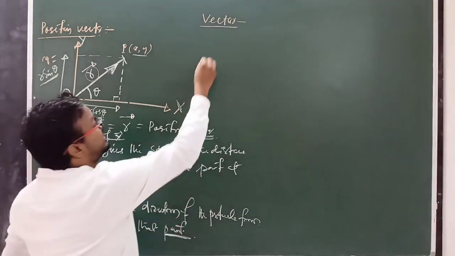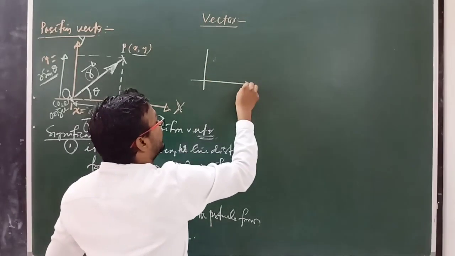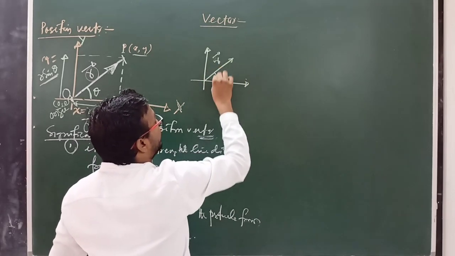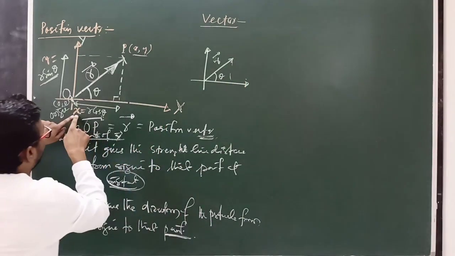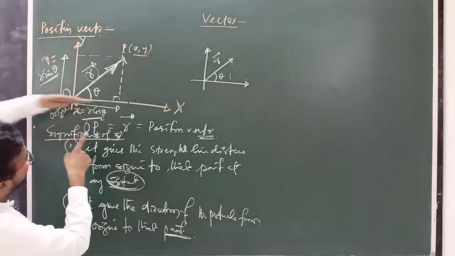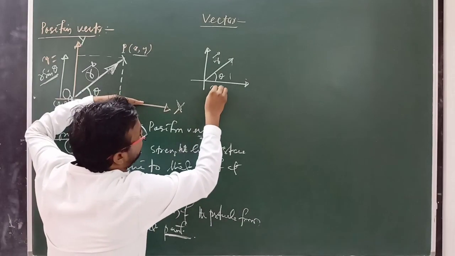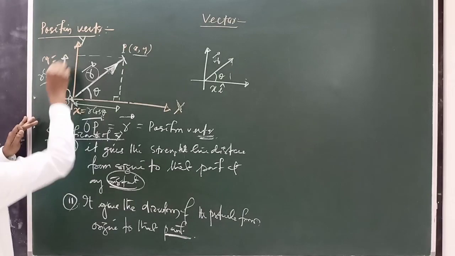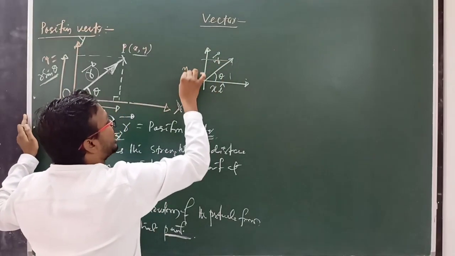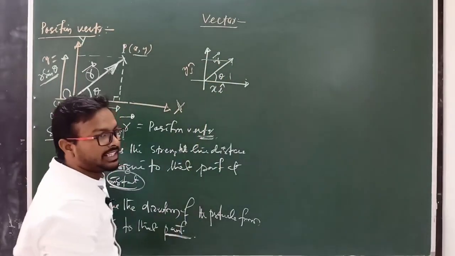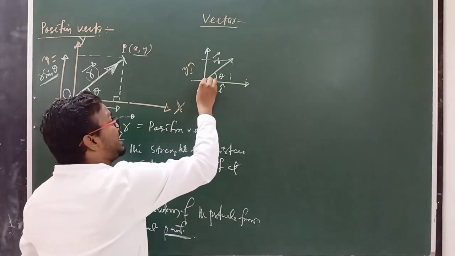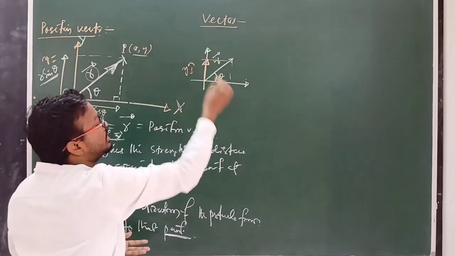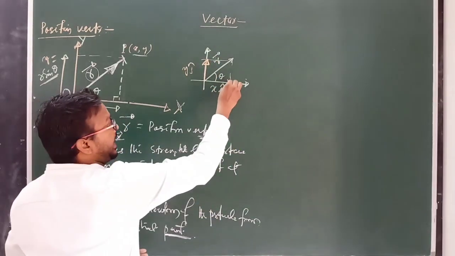Now you can write this position vector in rectangular vector form. This is the position vector R vector with angle theta, and here x, which is along the x axis, so you can write x i cap. And this vector along the y axis, we can write y j cap. But a vector can be shifted from one place to another without changing its direction and magnitude.